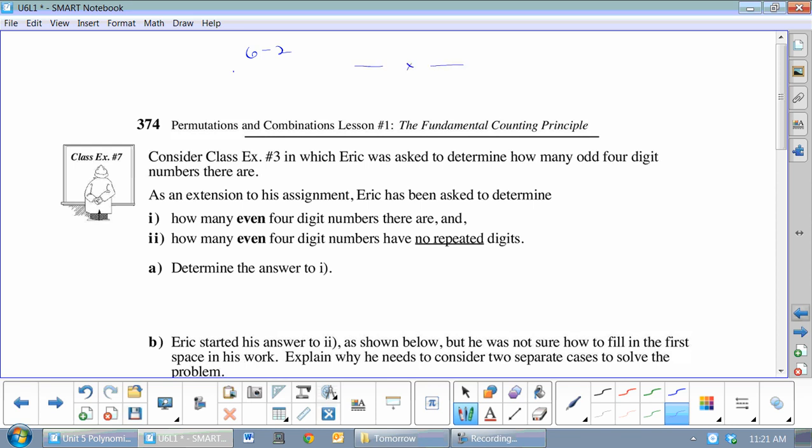Say this was the Oilers, I'm going to be very optimistic, and this was Calgary. For the Oilers, what are all the possible goals or scores they could have had at the end of the second period?